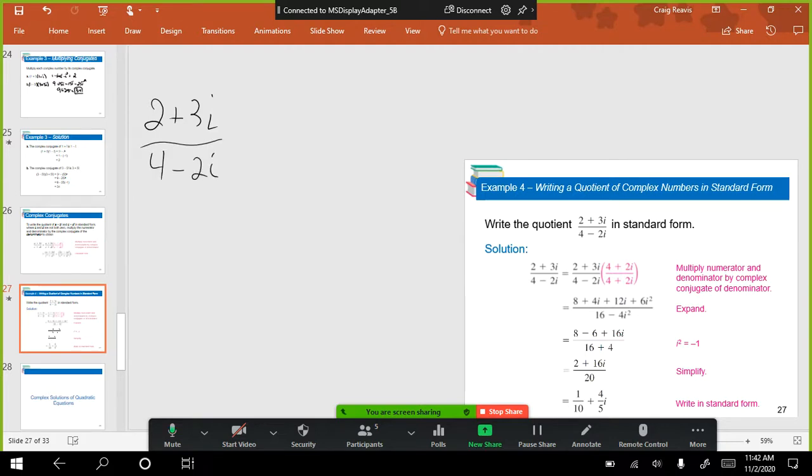All right, so there's that complex number we're dividing. The problem is that's not simplified because there's an i in the denominator.